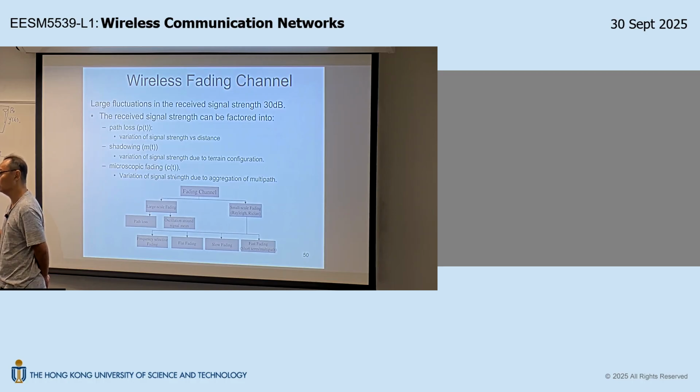The channel will change. What do we mean? Let's discuss in terms of the physics. What drives the change? Yes, it will still be time varying. But what drives the change if the mobile is not moving? Even if the mobile is not moving, the scattering objects may be moving, right? So maybe a lorry is passing by.